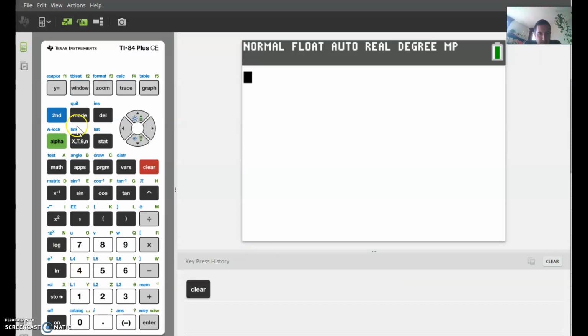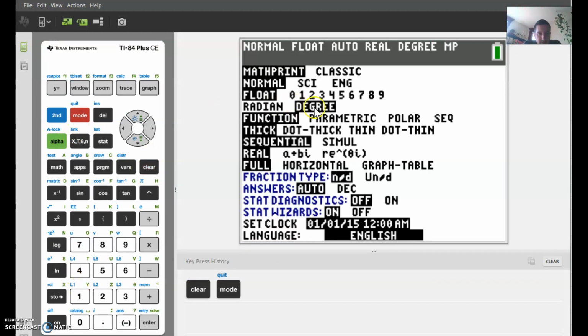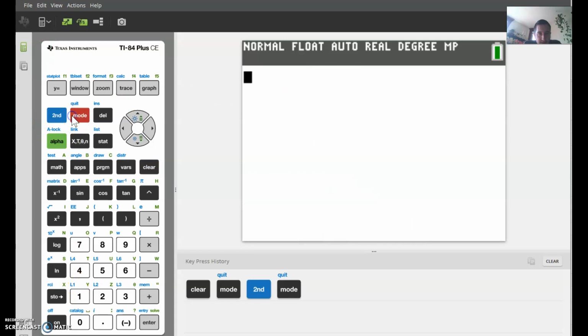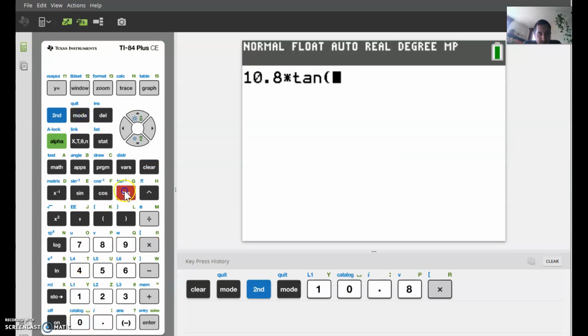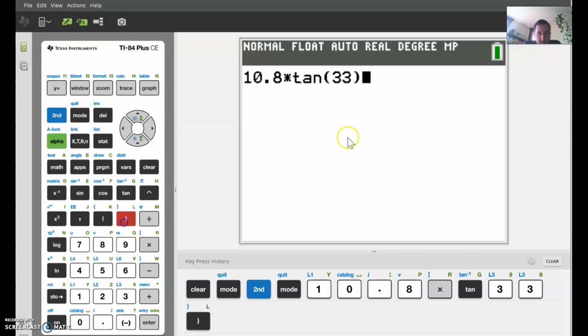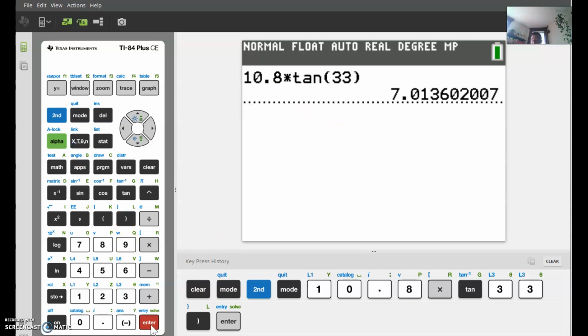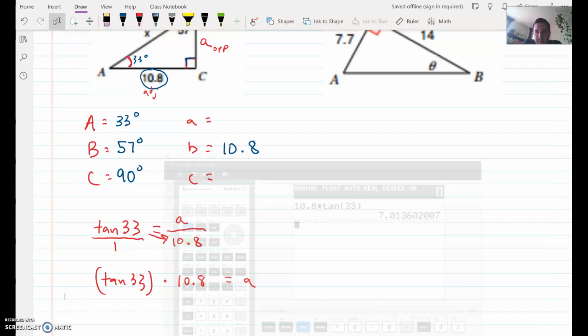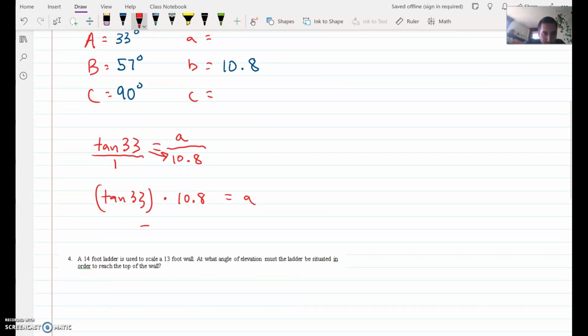Let me make sure I'm in degree mode. You press mode, yes, degree is highlighted. I like to do this first, 10.8 times tangent of 33. That way there's no confusion as to what we're multiplying by. And the answer is 7.014. Let's just round to 3 decimal places. 7.014.